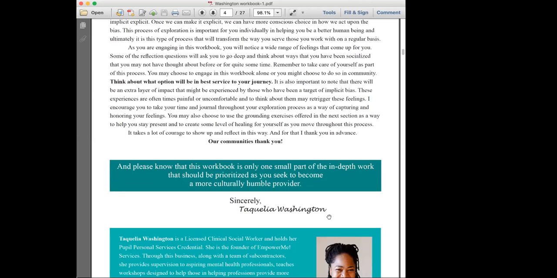Another way that you might choose to engage in the workbook is with your colleagues or with a friendship community, where you not only do a self-reflection piece, but you also talk with each other about some of your responses, that you learn and grow with each other in community. Either way, both of them are very valuable experiences, but you might find yourself being drawn to do it by yourself and or in community. I encourage either or.